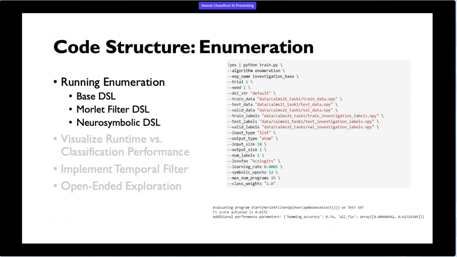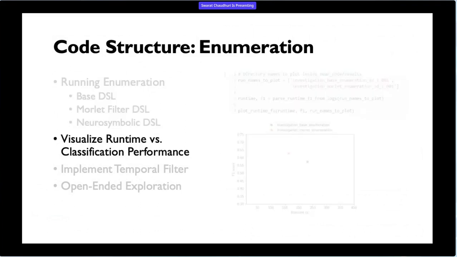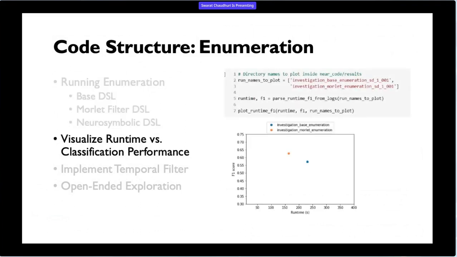And in all these cases, we find that allowing more expressive power lets us perform much better. This particular visualization chart becomes very important when we talk about comparing enumeration and NEAR.